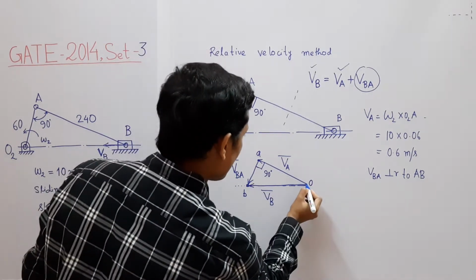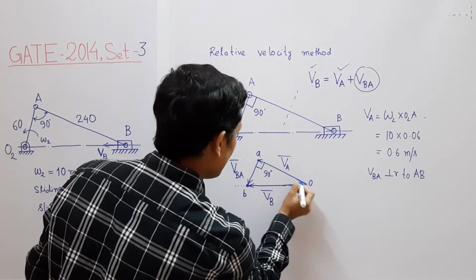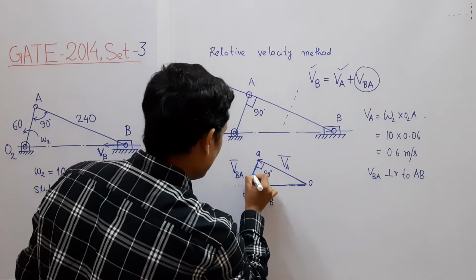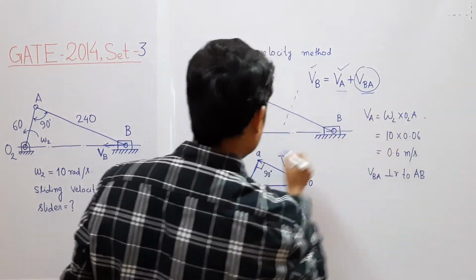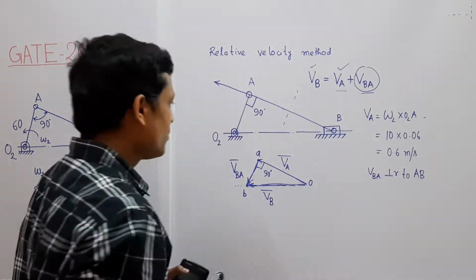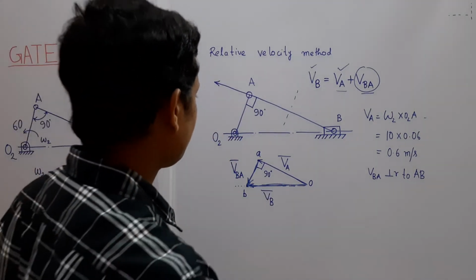So VA plus VBA is equal with VB. So this is my velocity triangle.